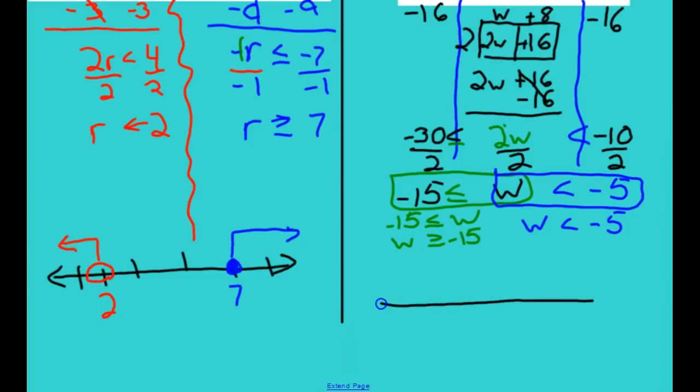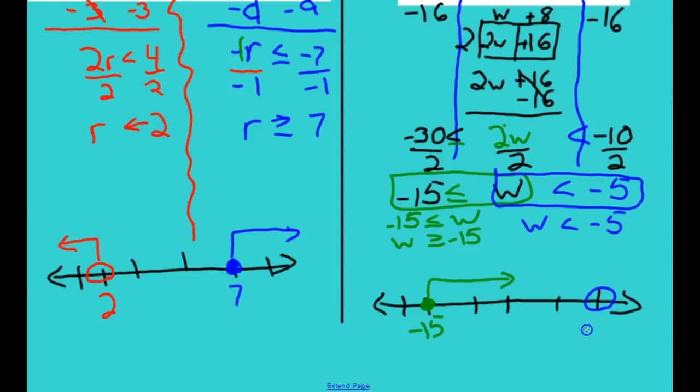So let's create a number line. Let's start with the smaller one. So w is greater than or equal to negative 15. So a closed circle that's greater than or equal to negative 15, pointing to the right, and w is less than negative 5.